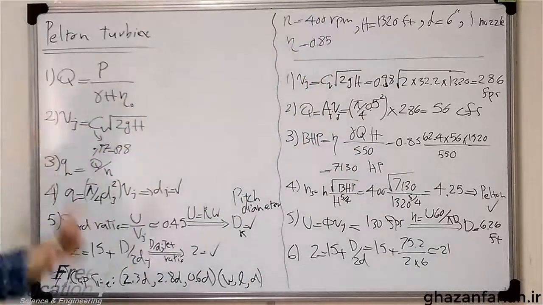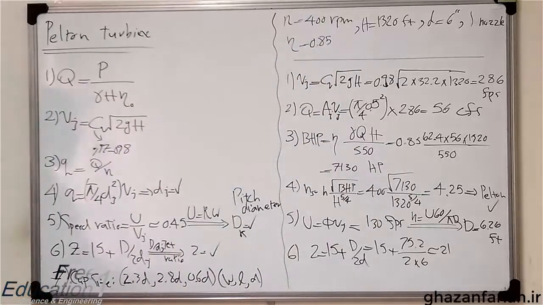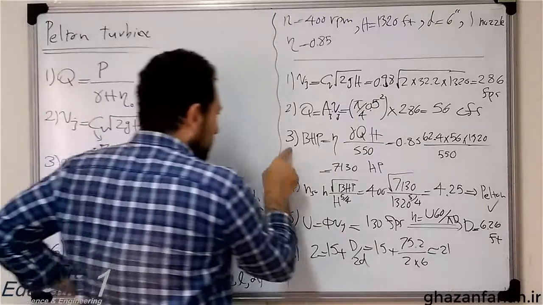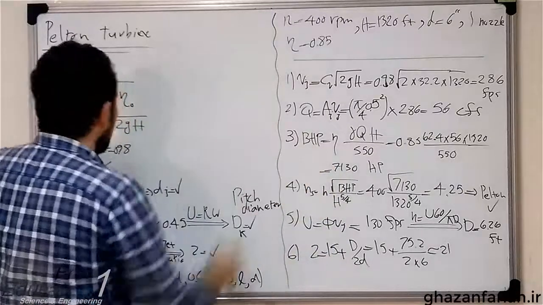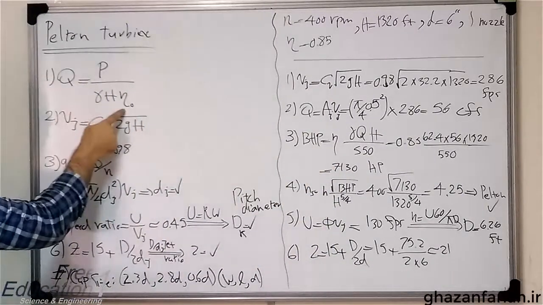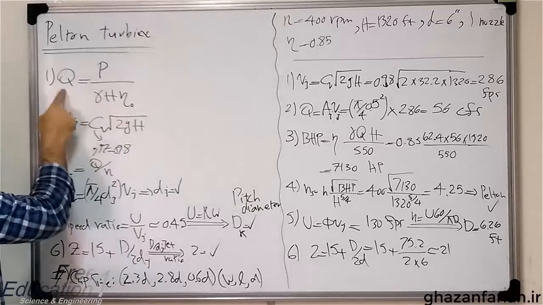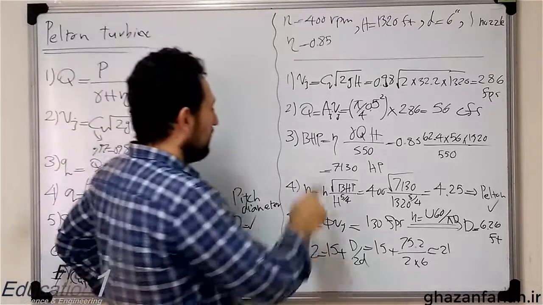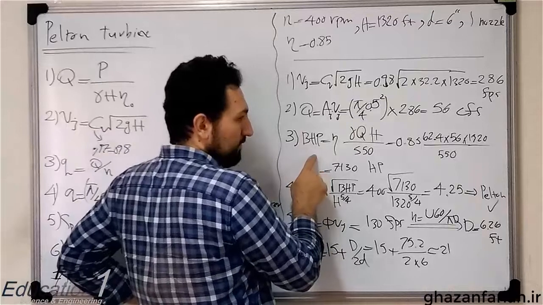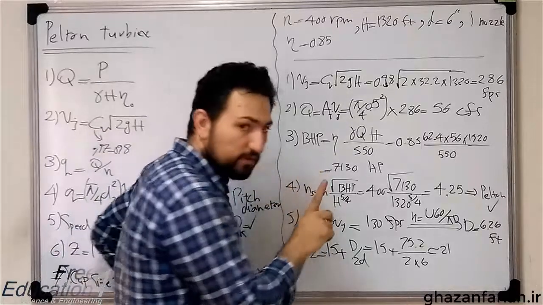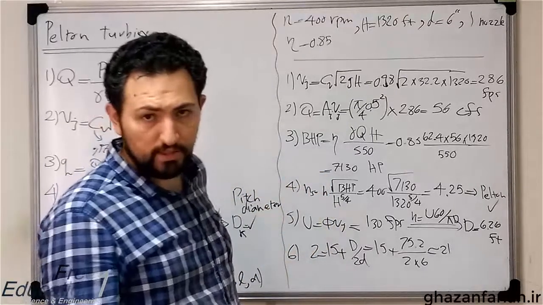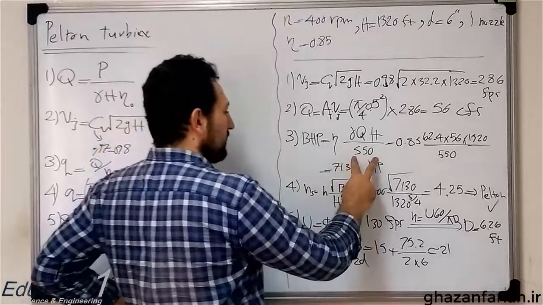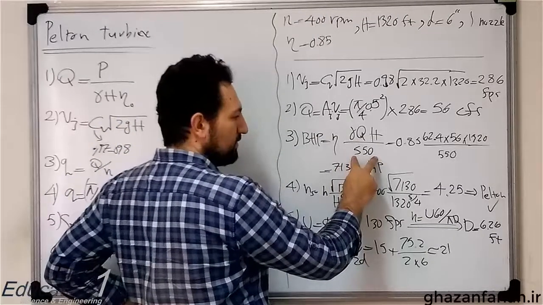This loop could be started from anywhere. Step 3 is the braking horsepower, which is equal to the product of the overall efficiency, gamma, H and Q. But because the braking horsepower unit is horsepower, I need a unit conversion factor here at the denominator.